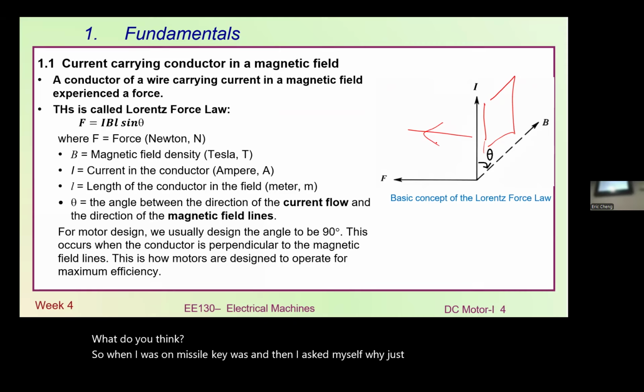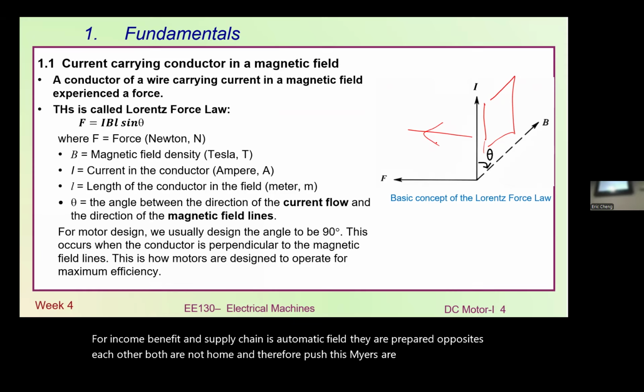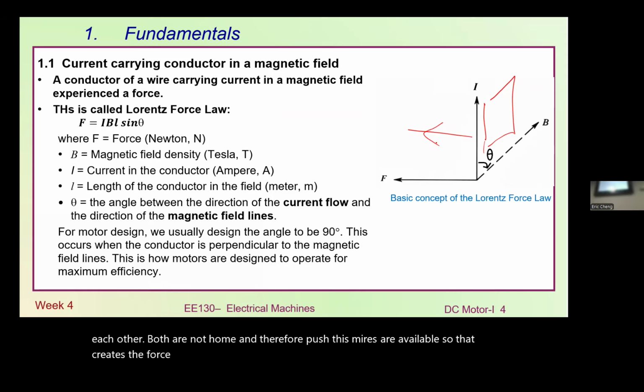Because whenever current passes through the wire, it generates its own magnetic field. This magnetic field and the nearby magnetic field are opposite to each other, like the same poles, and therefore push the wire away. So that creates the force. So mainly the Lorentz force is electromagnetic repulsion.